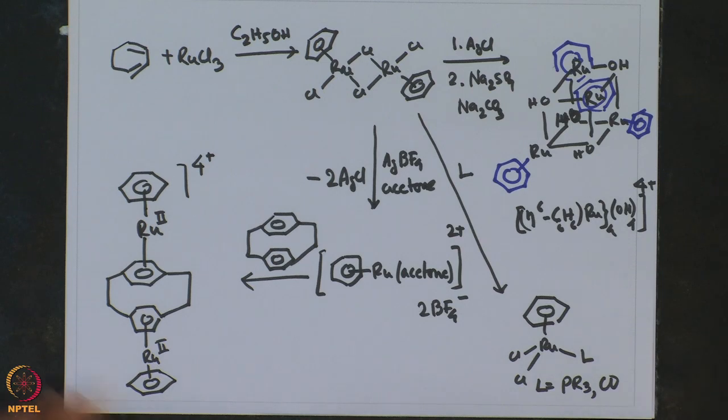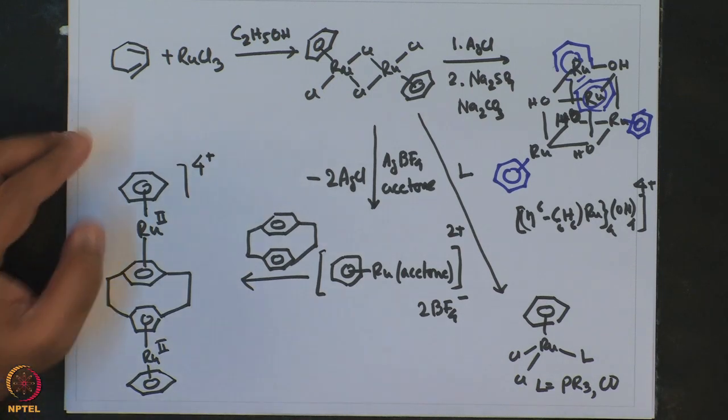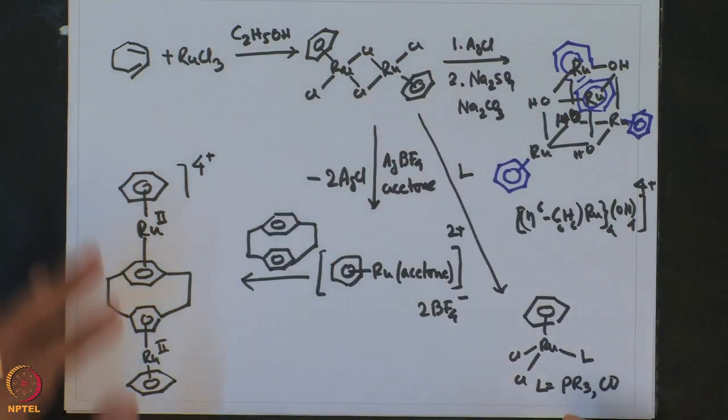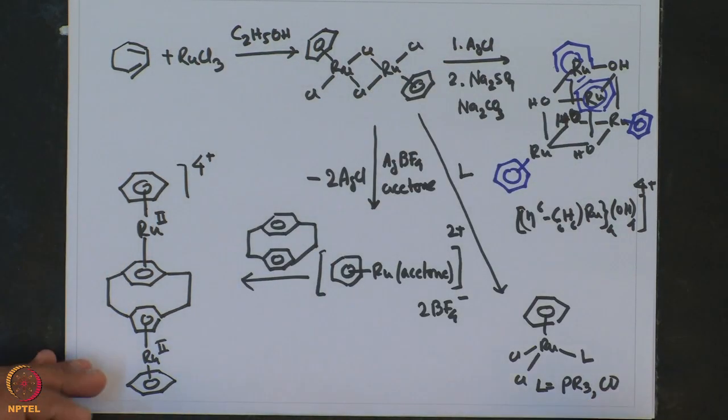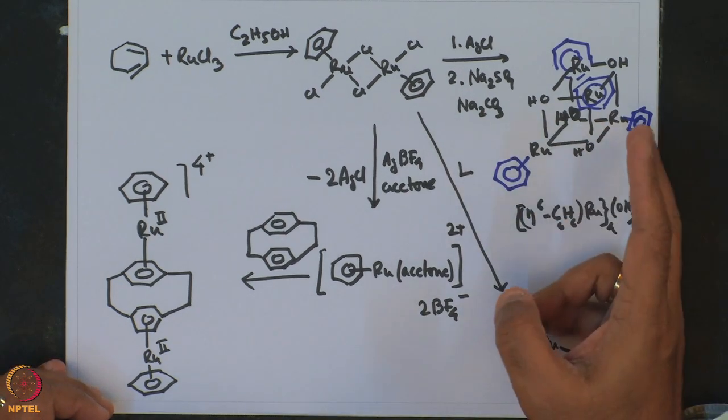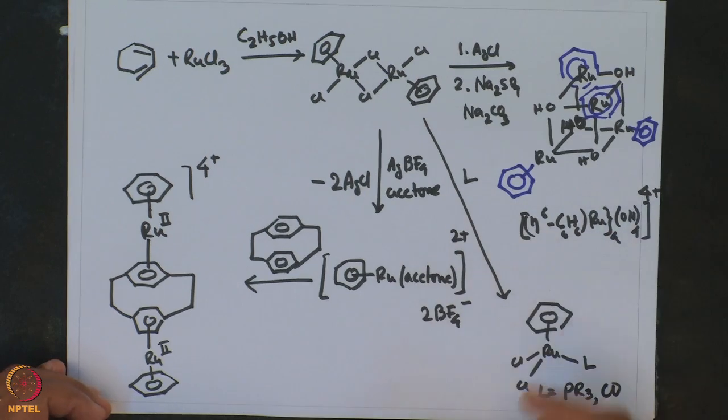what one sees is that these arene ruthenium Ln kind of complexes can be used to produce a wide variety of interesting compounds, not only in terms of formulation, but also in their rich structure and diversity.